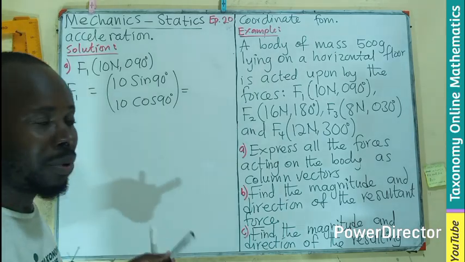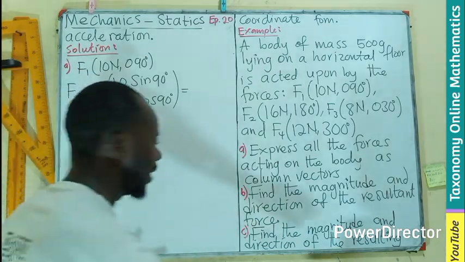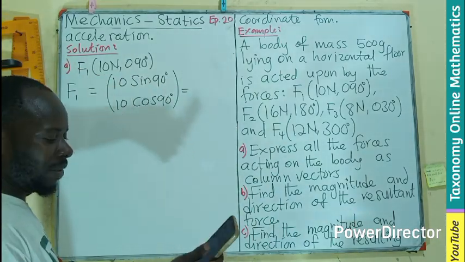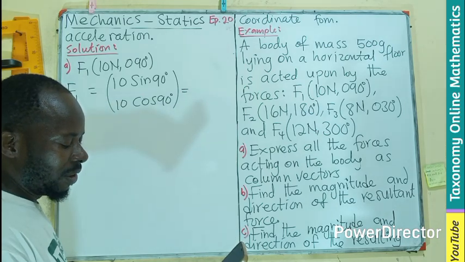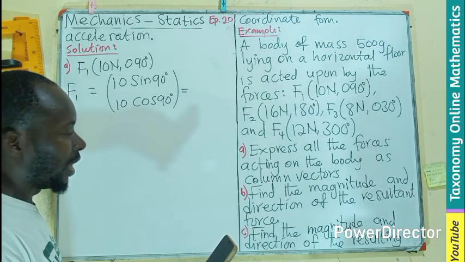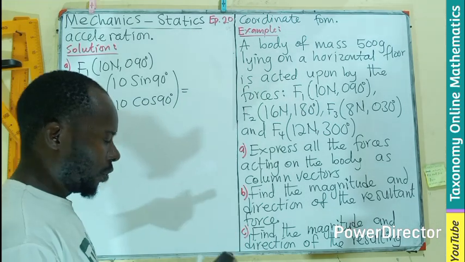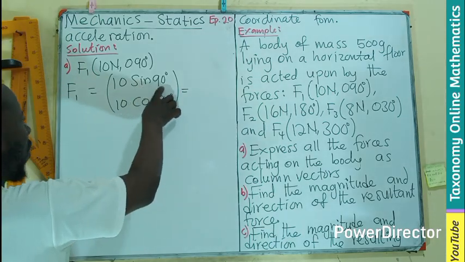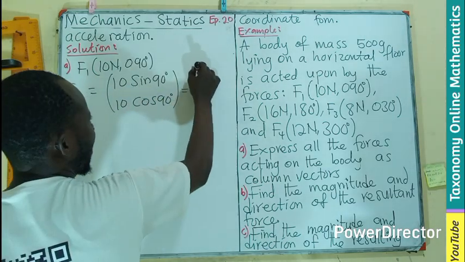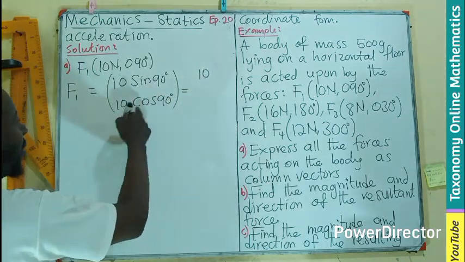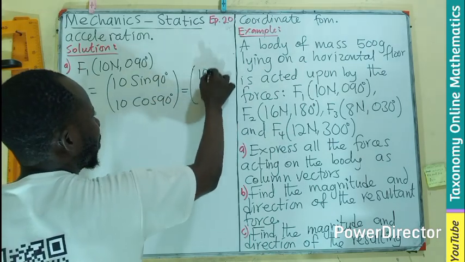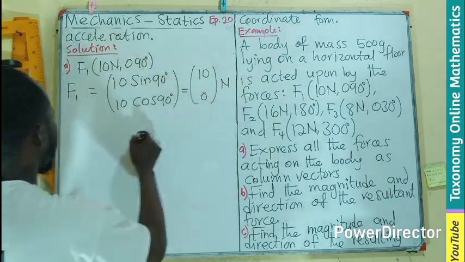We discussed this in the previous episode. So 10 times sine 90; we can use our hand, but to move fast, let's use the calculator. This gives 1, and 1 times 10 will be 10. Cos 90 is 0, so we have 10 and 0 Newton.